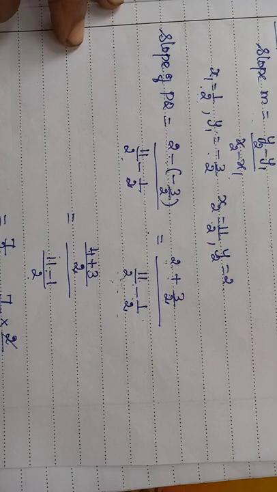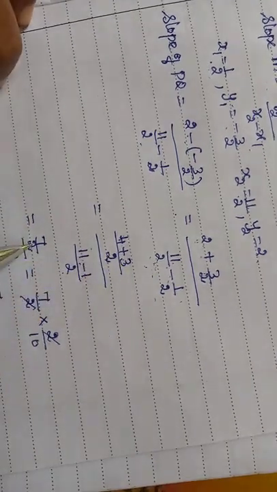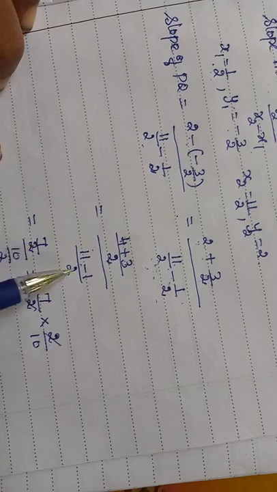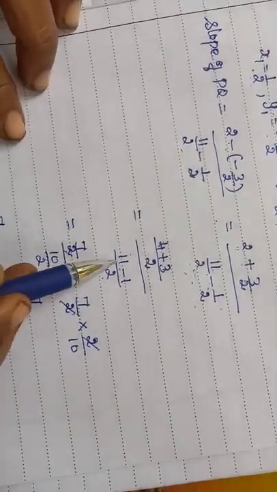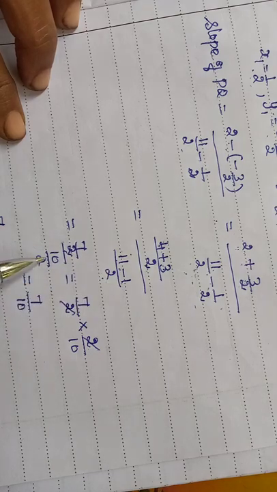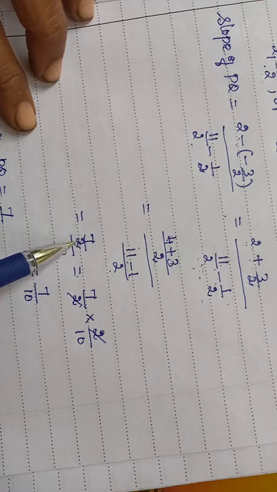So 4 plus 3 is 7, 7 by 2, divided by 11 minus 1 which is 10, 10 by 2.